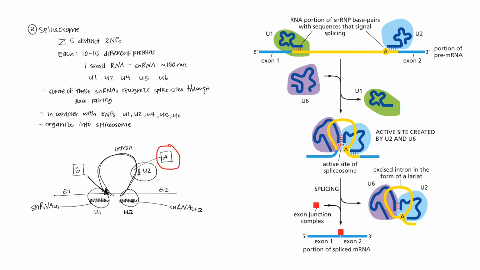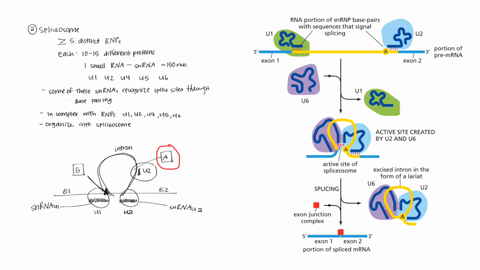So there's 5 different RNAs. Each one has a different sequence, and they have different names. So there's small nuclear RNA U1, U2, U4, U5, and U6. I don't know why there's not a U3, but there's not. Each one has around 150 nucleotides, each one has a different sequence, and each one is bound by a different cluster of 10 to 15 different proteins to make these small ribonucleoprotein complexes.